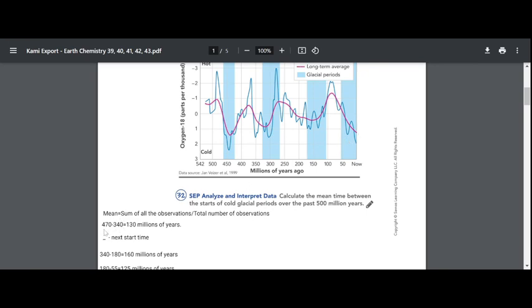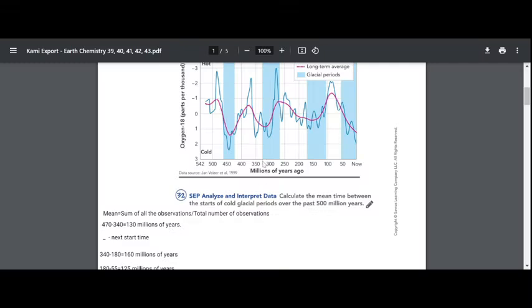So we're going to be estimating 470 is right here, and then 340 is right about here. So we're going to take 470 minus 340, and that equals 130 millions of years.